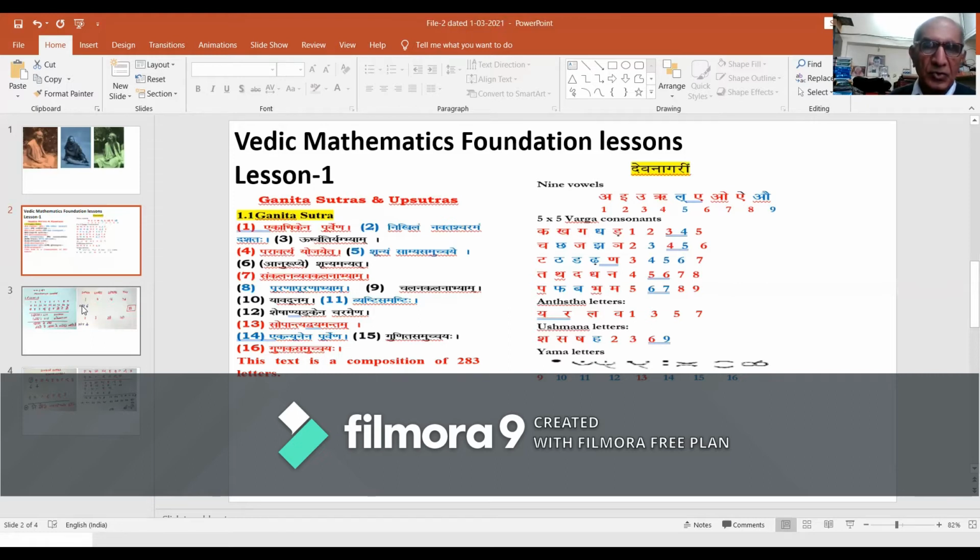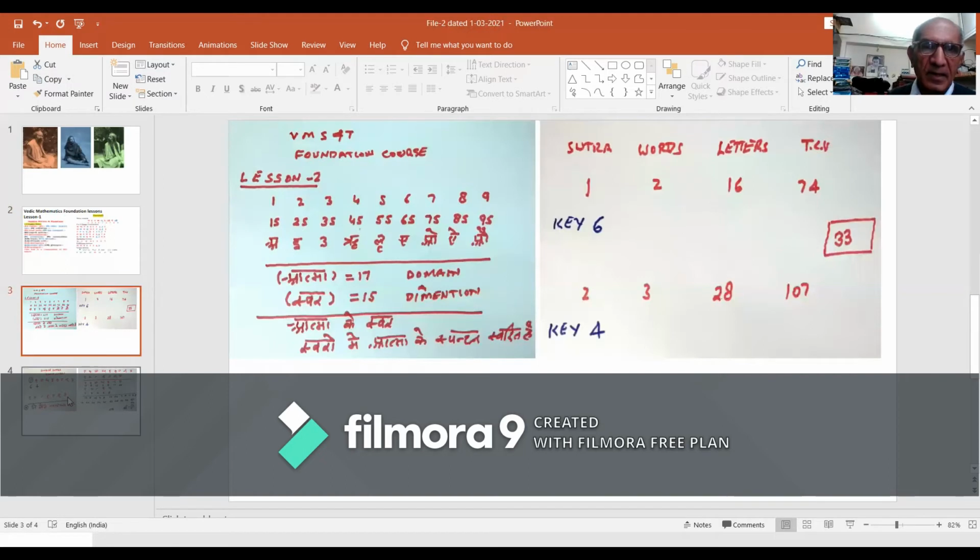Therefore, today we are continuing with lesson 2. Lesson 2 will take us to the parallel tabulation of Mool Ank, basic numbers 1 to 9, being parallel with corresponding geometric formats.